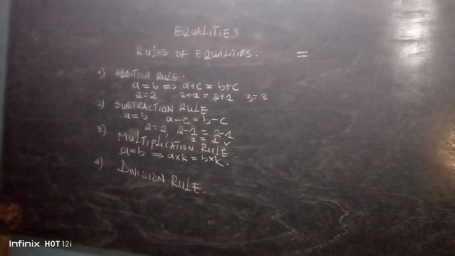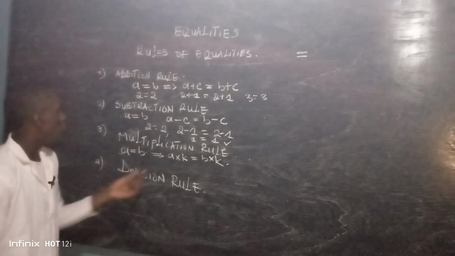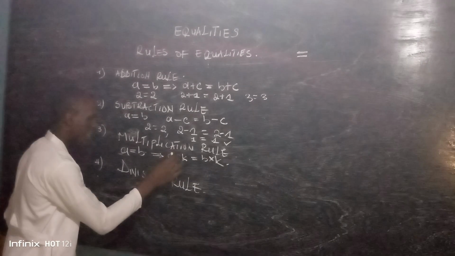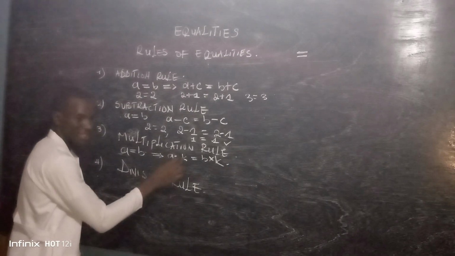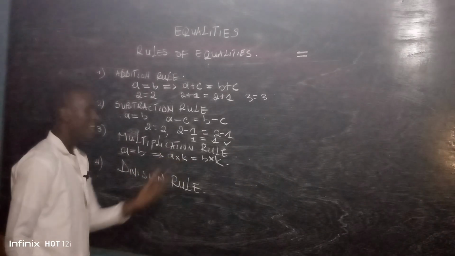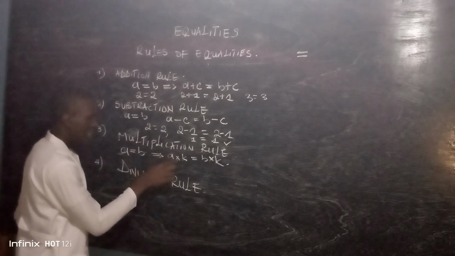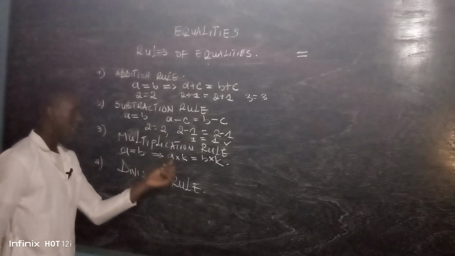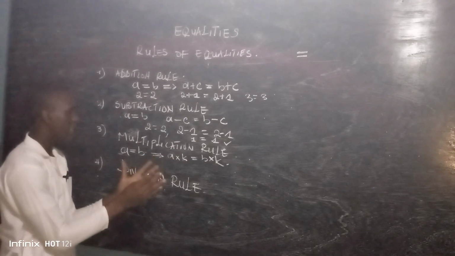Now, in algebra, when two things are multiplied like this, if they are not numbers, if one is a variable and one is a constant, A times K can just be written as AK.